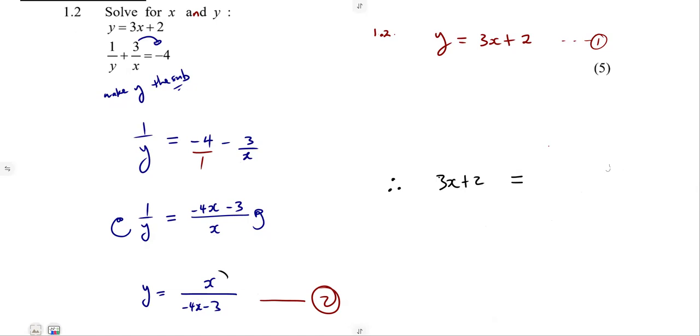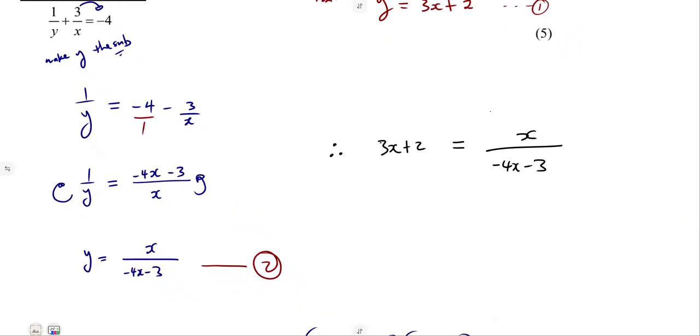Solve for x, because for the two equations you'll be having x as the unknown. So this is x over minus 4x minus 3. That's another way that you could have solved this equation. Simplifying this, guys, we can cross multiply, which is fine, but as we can see here, negative is common, so we can take that negative out.